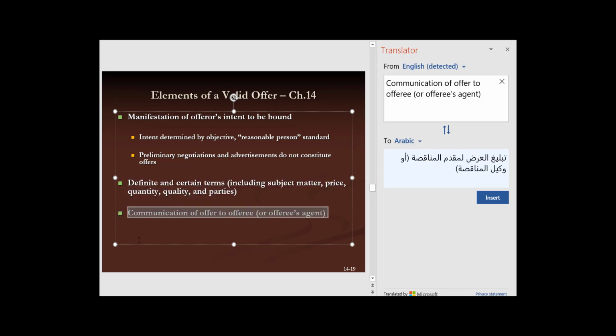Let's say they didn't put anything down on paper, but they were talking, and you overheard them. You're brought in as a witness, and you say they were happy, they were talking, and at the end of the long conversation, they shook hands. Those are objective manifestations that they had a valid offer in a contract.